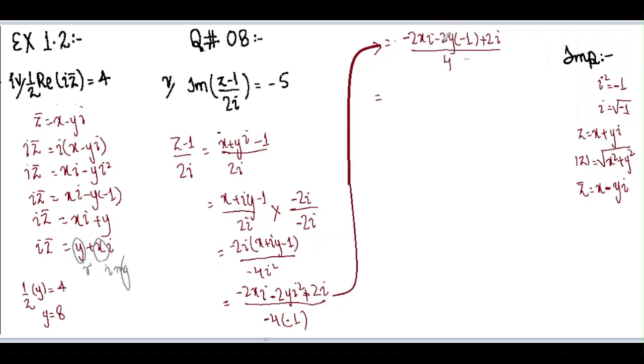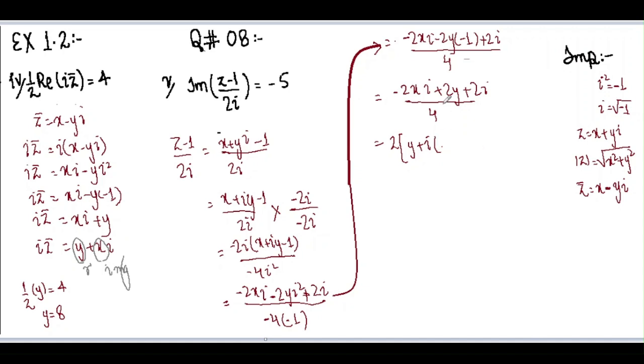Now here we are going to multiply these two terms and write them down. Minus 2x iota plus 2y plus 2 iota whole divided by 4. Now taking 2 as common and separating the real and imaginary parts, we are going to get 2 into y plus iota into minus 2x plus 2, whole divided by, sorry, we are just removing 2 from here.